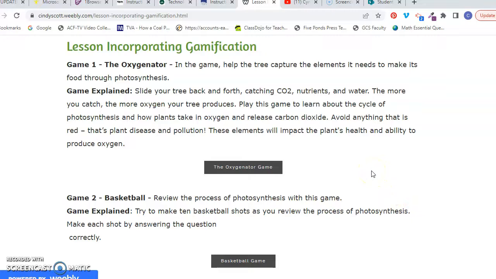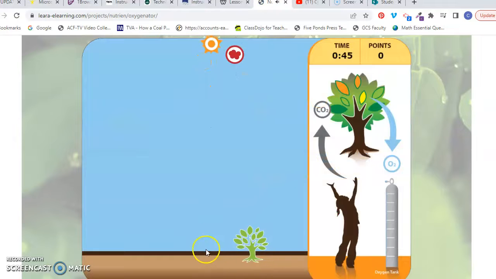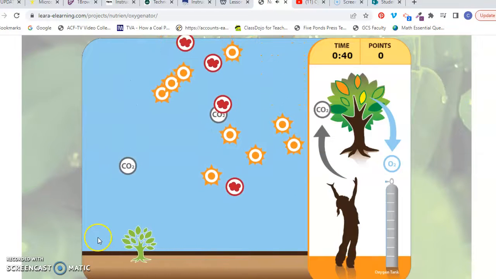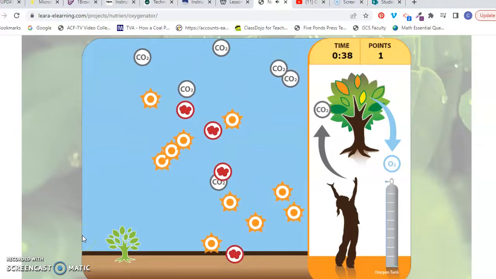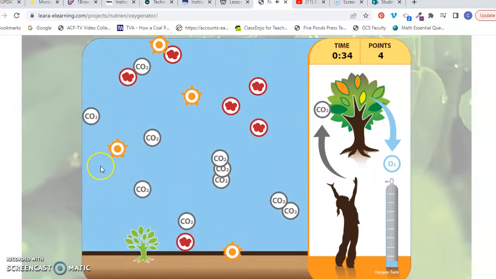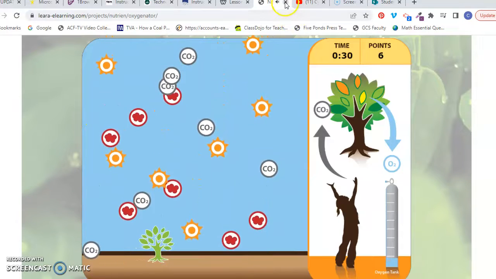They're trying to stay away from the plant's disease and pollution. And I can show you. Here's the tree. You're moving your tree around and you're trying to catch, like I said, the carbon dioxide, the sunlight, the water, staying away from the disease and the other things.